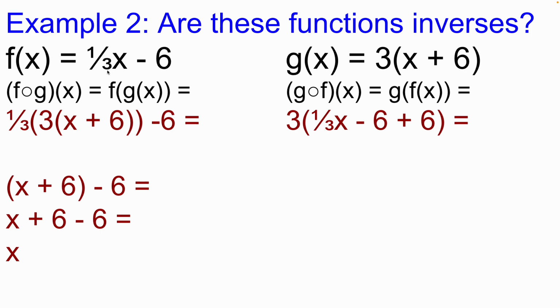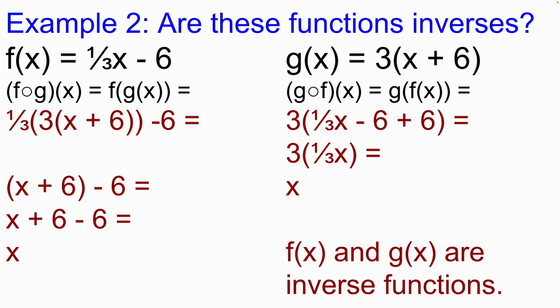We're putting in 1/3 x minus 6 for x in this function. Negative 6 plus 6 equals 0, so those cancel out. That leaves us with 3 times 1/3 x. 3 times 1/3 will cancel each other out, so that leaves us with x.